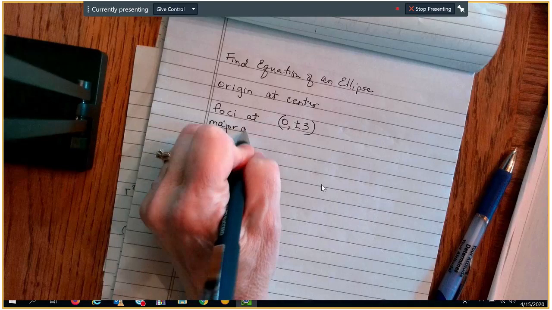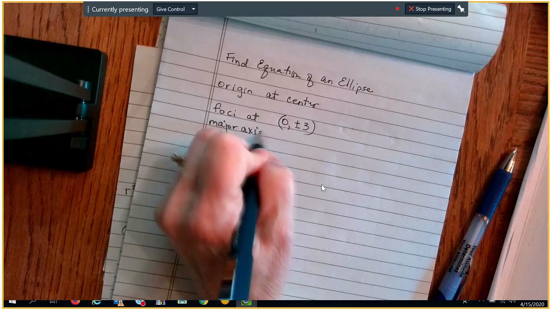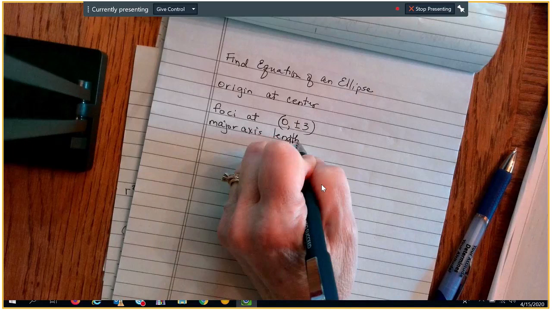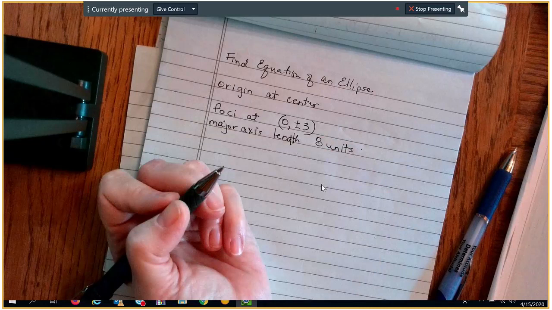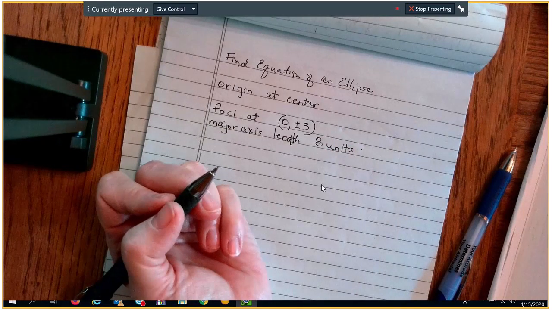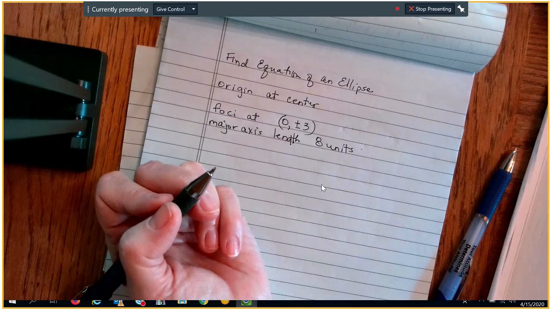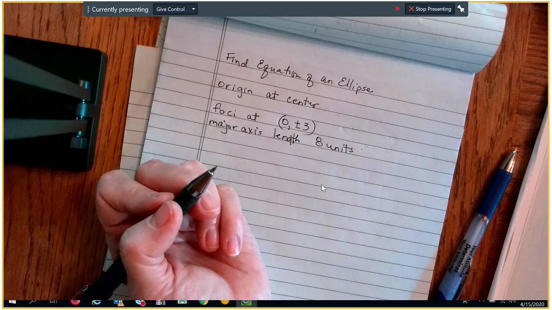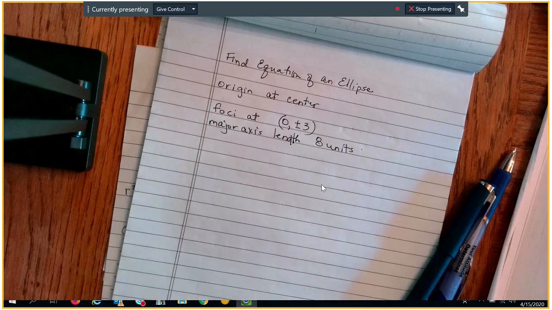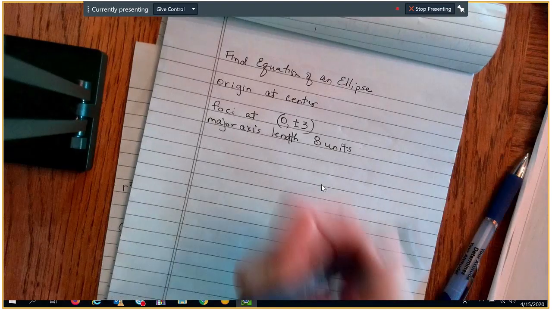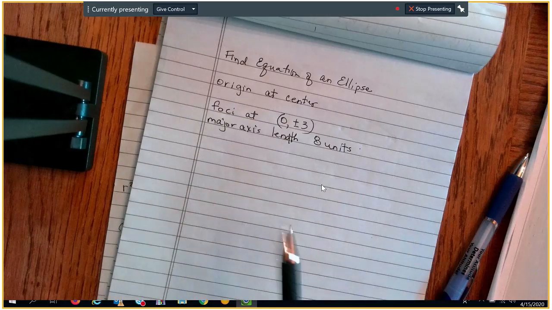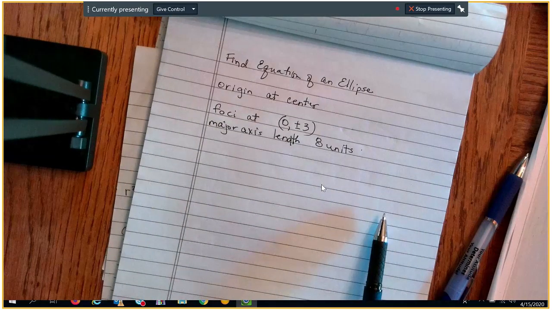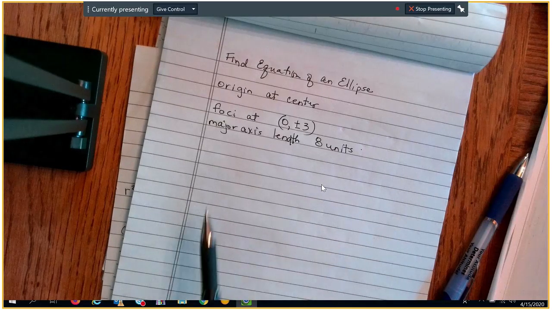And the major axis length is 8 units. That means that it's 8 units totally across from endpoint to endpoint, not just from the origin out. It's actually total 8 units across.